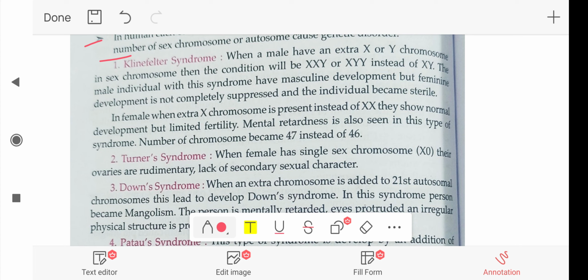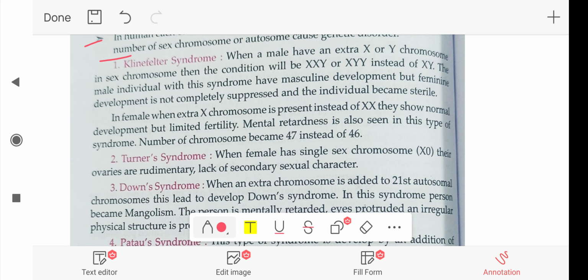The male individual with this syndrome has masculine development, but feminine development is not completely suppressed and the individual becomes sterile. In female, when an extra X chromosome is present instead of XX, they show normal development but limited fertility. Mental retardedness is also seen in this type of syndrome. Number of chromosomes here becomes 47 instead of 46.